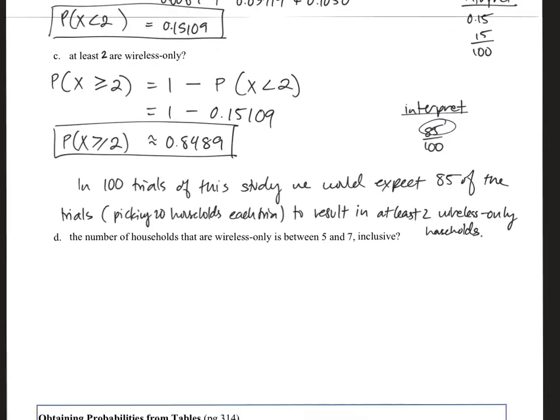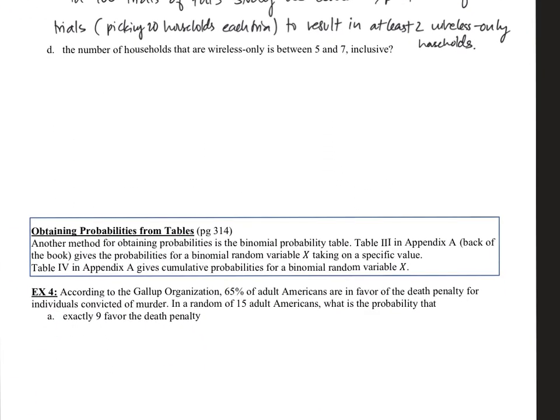Period. All right, so now for D, the number of households that are wireless only is between 5 and 7 inclusive. So what is this talking about now? Between 5 and 7. So what numbers are between 5 and 7? And we're inclusive, which means we're including 5 and 7. Well, those numbers are just 5, 6, and 7.